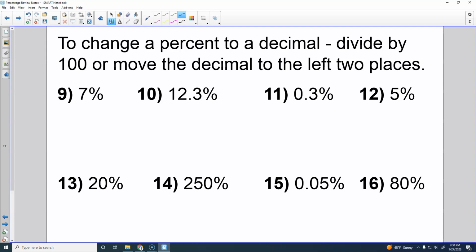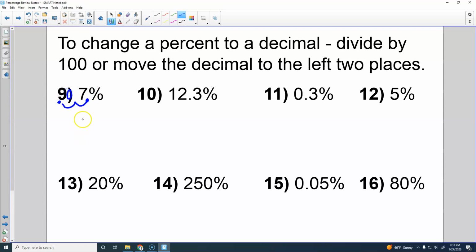All right, to change a percent to a decimal, so we're going from a percent to a decimal, we need to divide by 100. 2 times to the left. So like for number 9, I don't have a decimal, so it's at the end. I need to move this 2 times to the left.